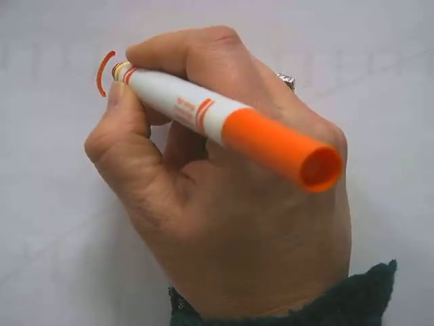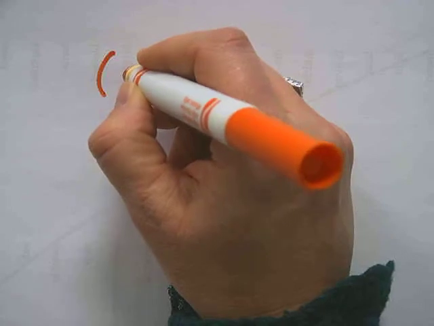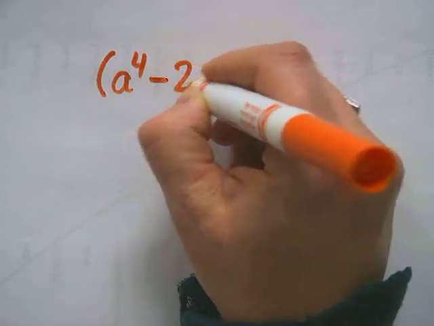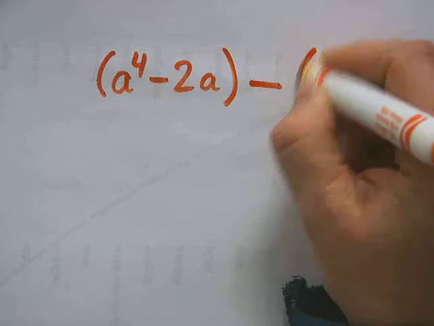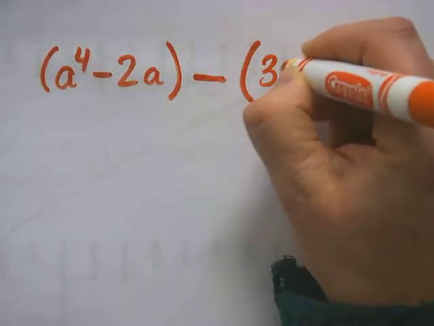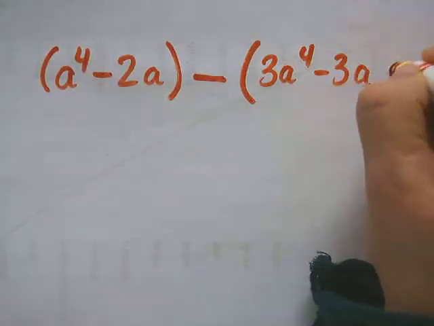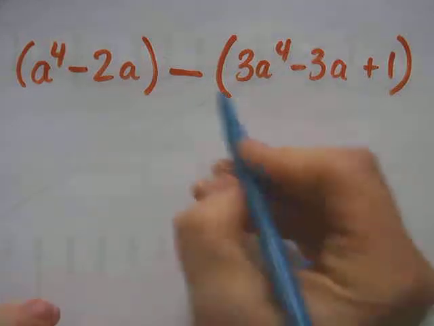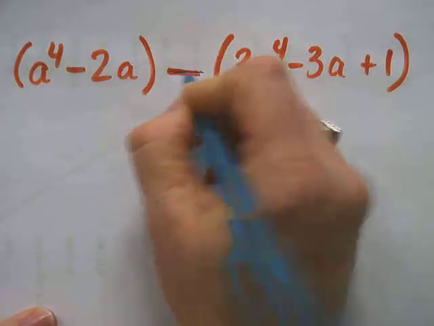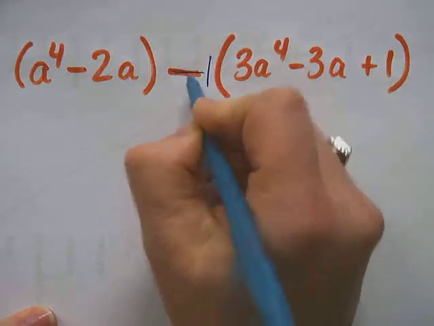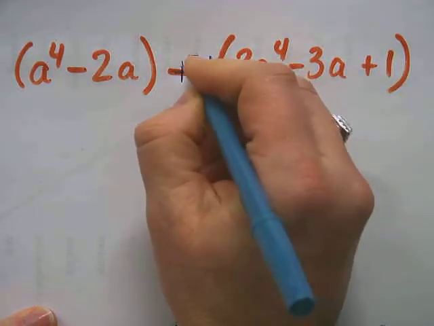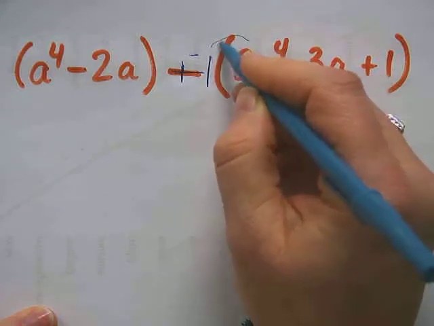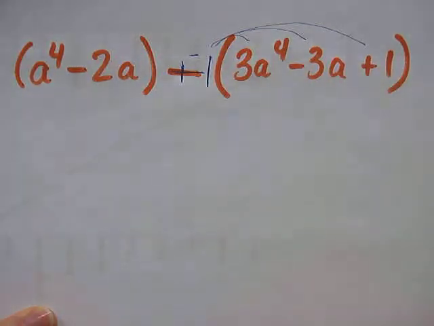So if you saw something like this, let's see, a to the fourth minus 2a. And if we're going to subtract this entire polynomial, we've talked about this a lot before, but since this subtraction sign is outside of the parentheses, that's really meaning that we have this coefficient of -1 that has to be distributed to everything inside here.